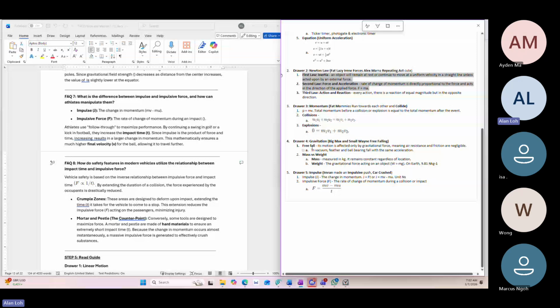Reading this guide, how do we do this? It's the same thing. Ask yourself, which drawer is this? Then intentionally see if there is new information that you did not know before, and pick it up and put it into your drawer.